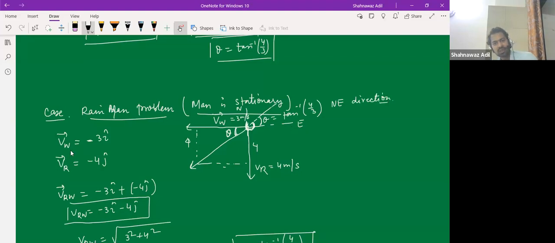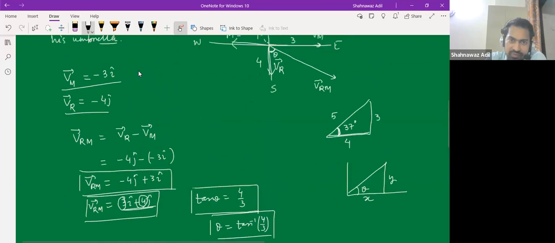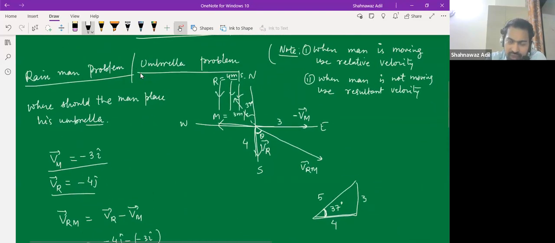Okay, is this problem clear to you guys? Whenever the man is stationary, we will use the resultant, and whenever the man is moving, we'll use the relative velocity. For this case, this is theta.